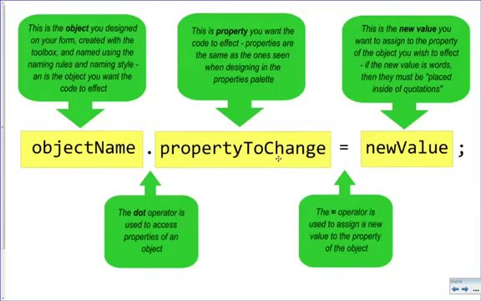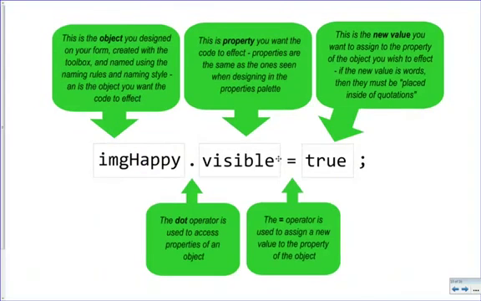If what you want to change it to is words, then put it in quotation marks. If it's just a number, then you don't have to put it in quotation marks. If it's something like true, false, you won't have to put it in quotation marks. And through practice, you'll get to that. And then finally, the semicolon at the very end. Okay? Like this. imgHappy.visible equals true.